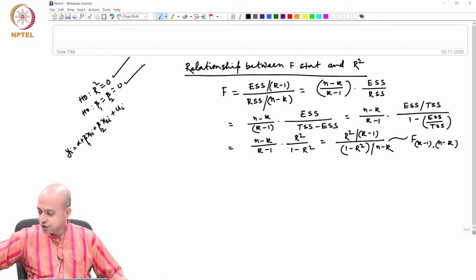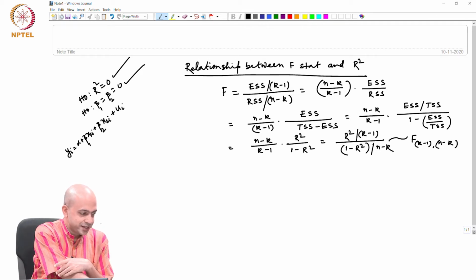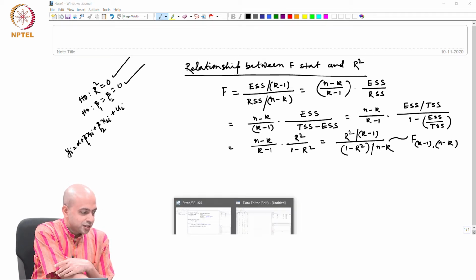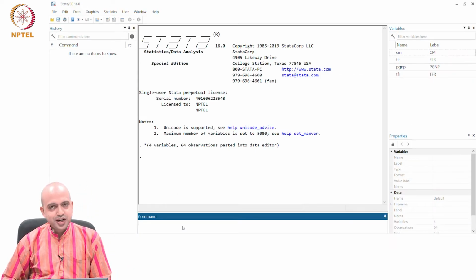For example, as an example, what we were testing yesterday, our model was child mortality rate explained by female literacy rate, FLR, and PGNP.